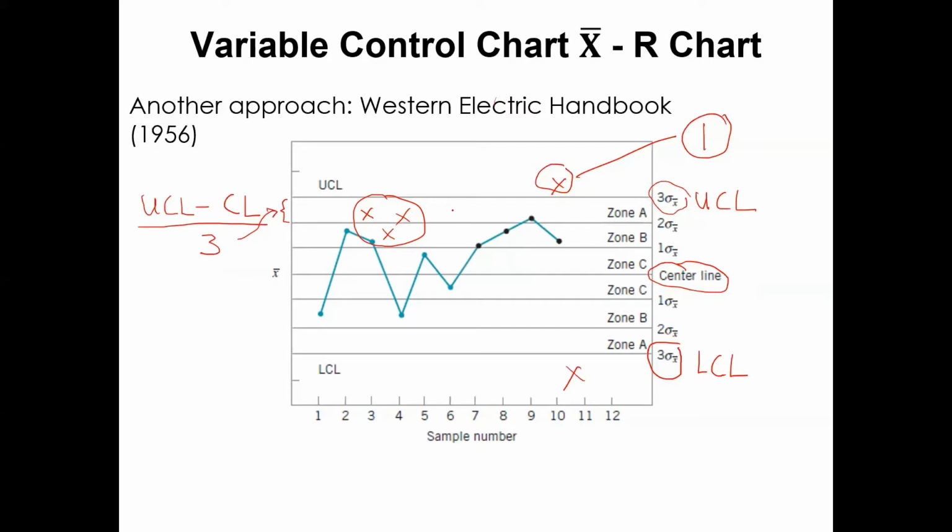Another example, it could be 1, 2, 3. Then this is an indication of abnormality. Again, you can identify this without a fundamental idea of the process. When you look at these points, you can conclude that there is an abnormality. This is the second rule.